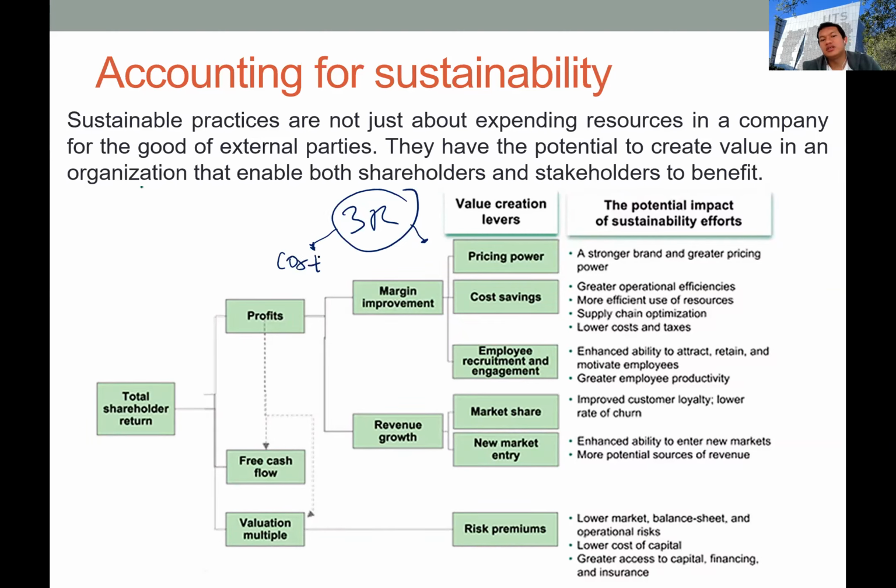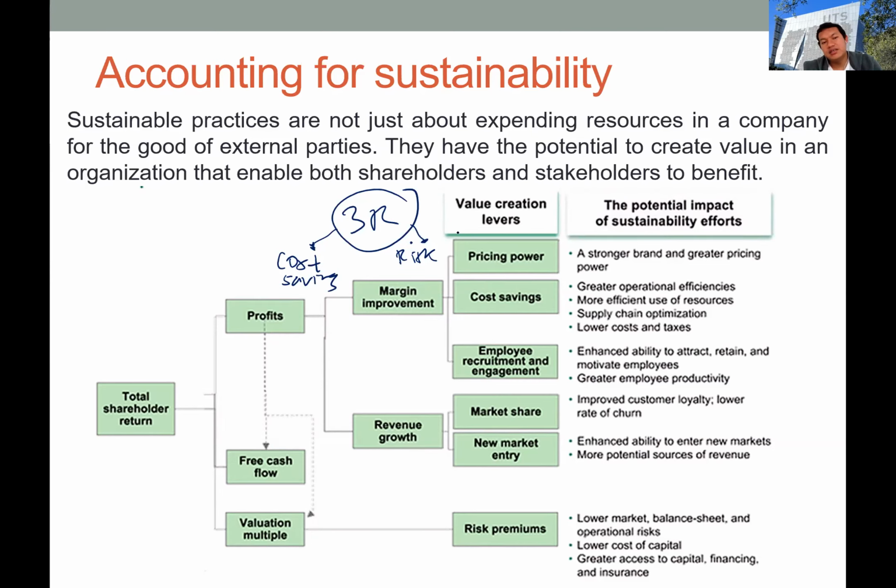So cost savings will be affected. And the other one is the risk premium. If the company manages its environmental and social impact through the reduce, recycle, and reuse programs, in the long run their environmental and social risk will be lower. These two will affect the company's profit and also the shareholders' return.